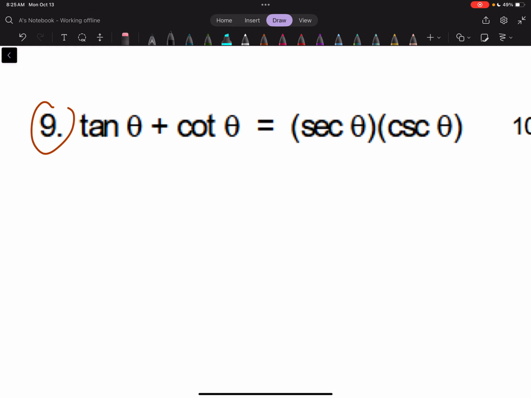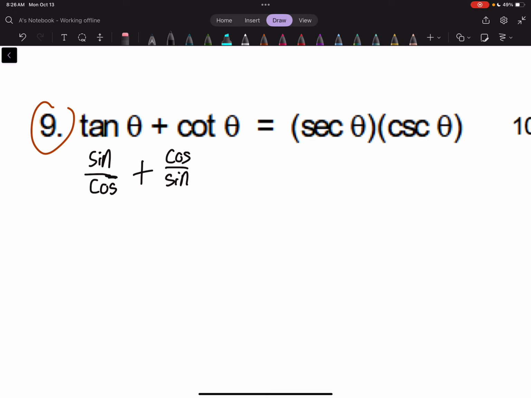Number 9. Tangent plus cotangent equals secant times cosecant. Tangent, sine over cosine, plus cotangent, cosine over sine. I'm going to work with these for now.